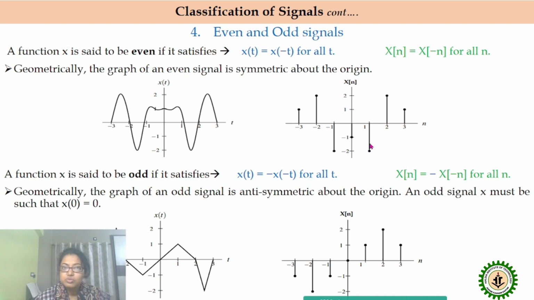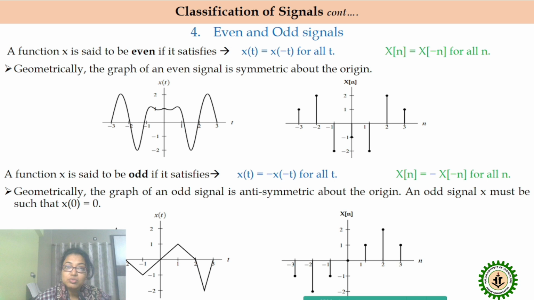The same is also possible for the discrete time signal, the discrete time analog signal, if I want to be specific. If I fold it along the y-axis, all the samples are superimposing on each other. So this is your even signal. Now this side is the positive t, and if I consider the left side as negative t, then x of t equals x of minus t means the right side of t is equal to the left side of t.